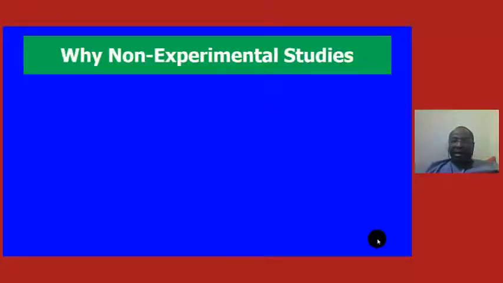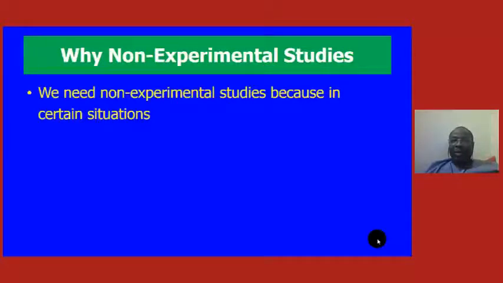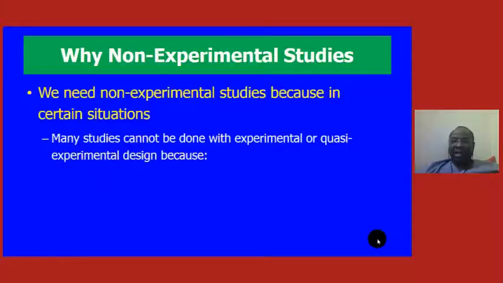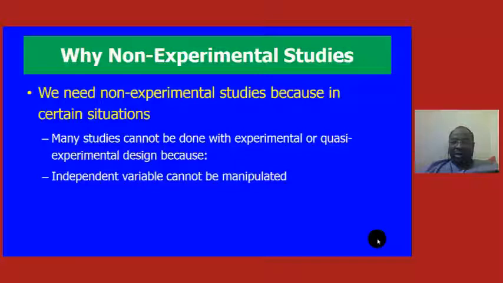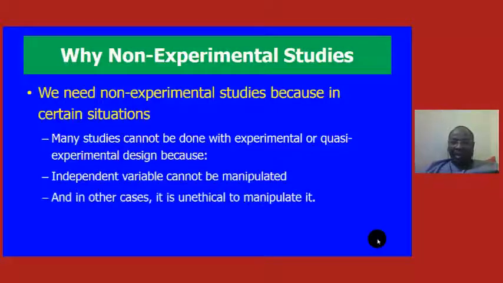Why non-experimental studies? We need non-experimental studies because in certain situations, studies cannot be done with experimental or quasi-experimental designs. This is because the independent variable cannot be manipulated, or it is unethical to manipulate independent variables.